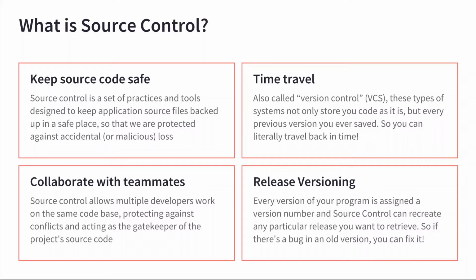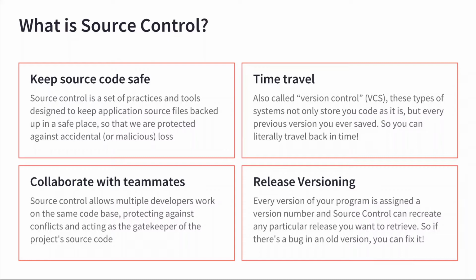It's a way of actually storing every version of every file you've ever worked on in a particular project and being able to go to it if you need to. So we call the feature time travel. Source control is also called version control because it stores specific versions of every file and also the version of the release, which is a sum of all the files for a particular version.